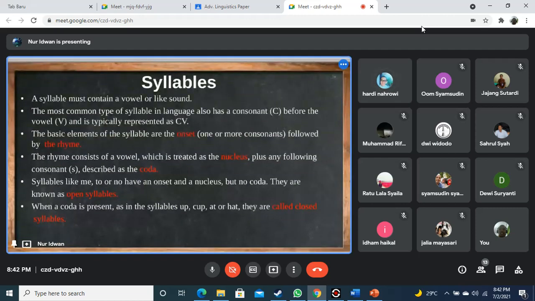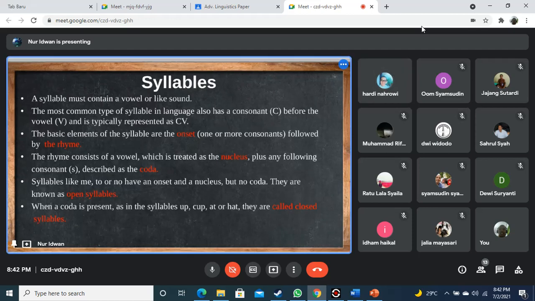Syllables. A syllable must contain a vowel or vowel-like sound. The most common type of syllable in language also has a consonant (C) before the vowel (V), and is typically represented as CV.